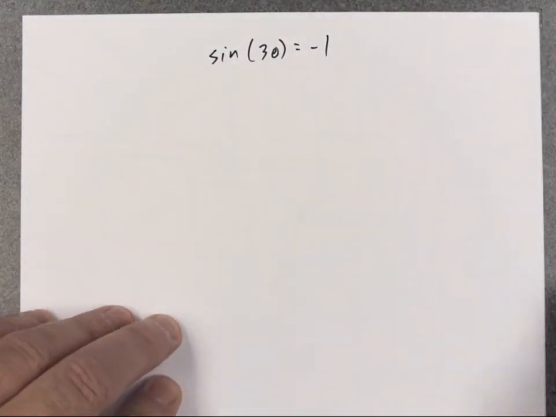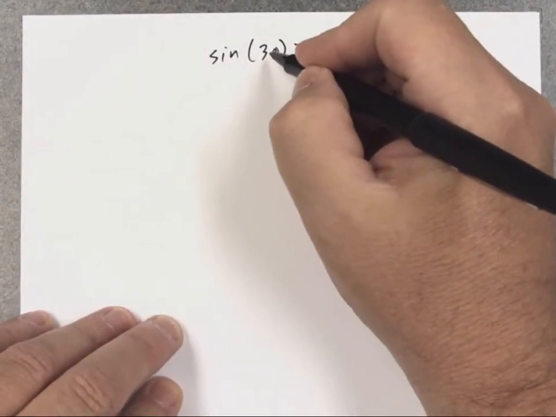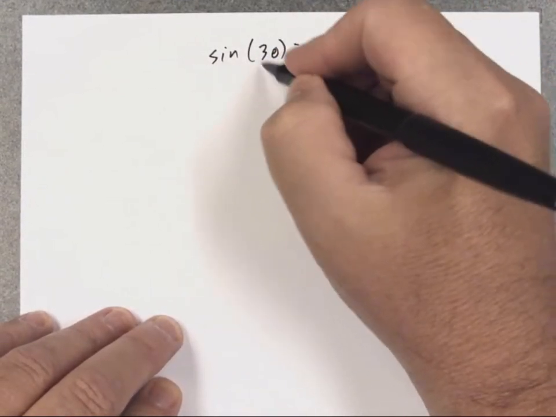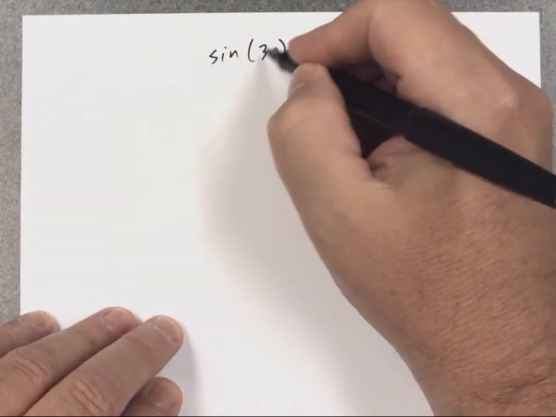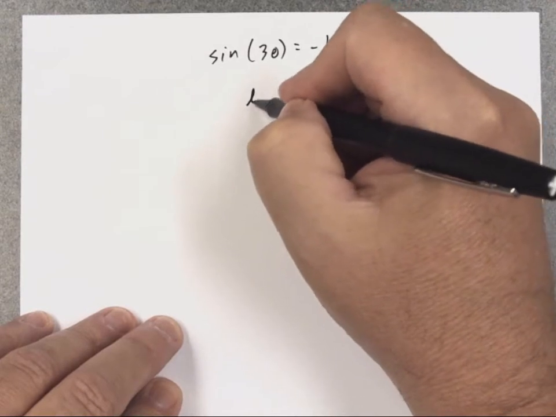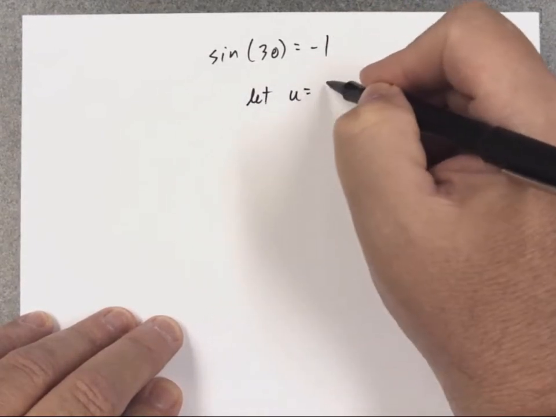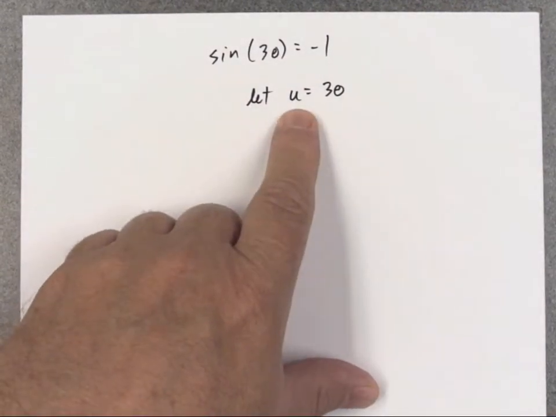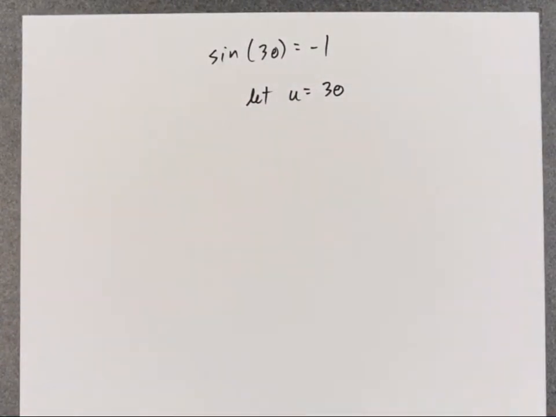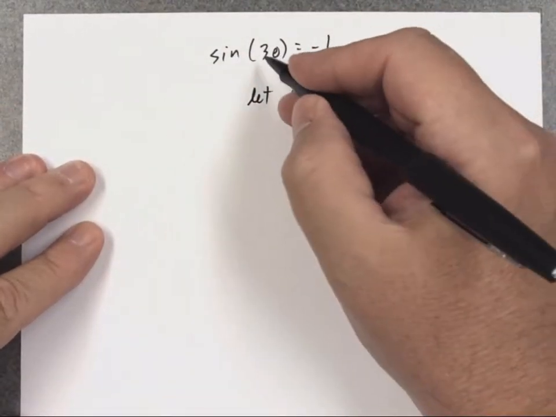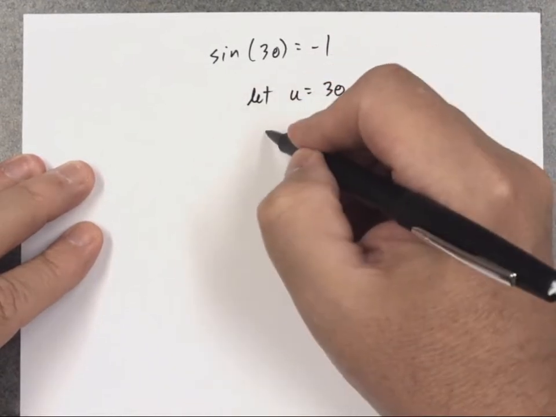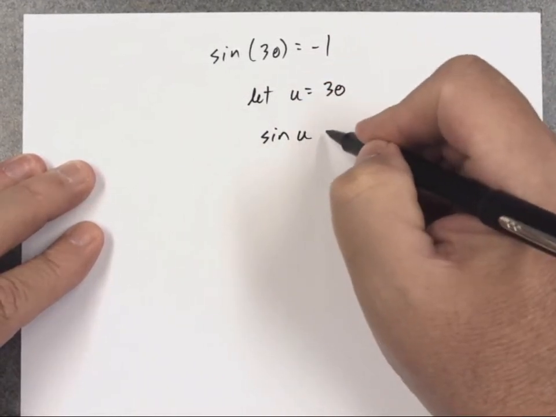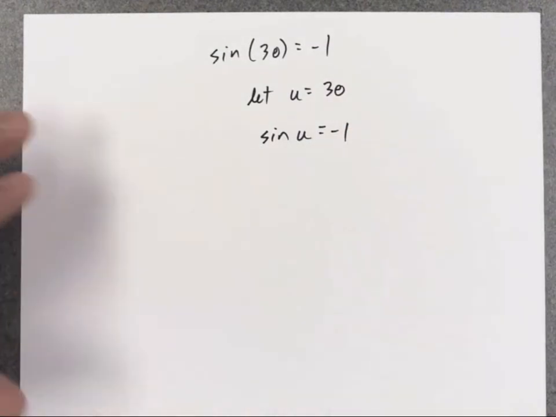U substitution says, instead of working with 3 theta, I take whatever is inside the trig function and call it u. So I introduce this new variable u. Therefore, I'm going to rewrite this equation. Instead of sine of 3 theta equals -1, I'm going to make it sine of u equals -1.